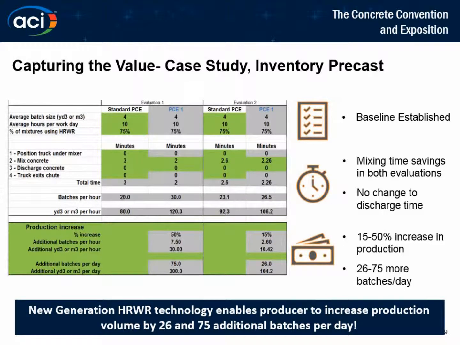Going from 3 minutes in this first example to 2 minutes, essentially improved their production rates by 50%, which for them translates into some pretty big yardage, batches per day and yardage. They can, on an annual basis, improve their operations by 300 yards per day.